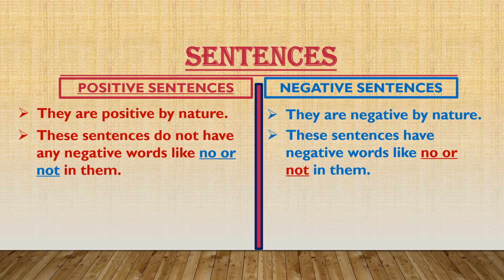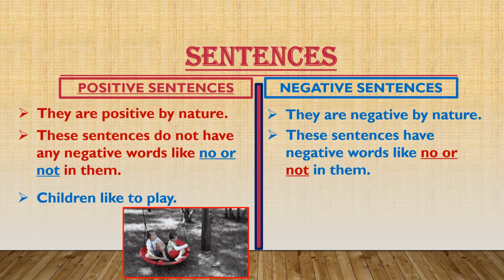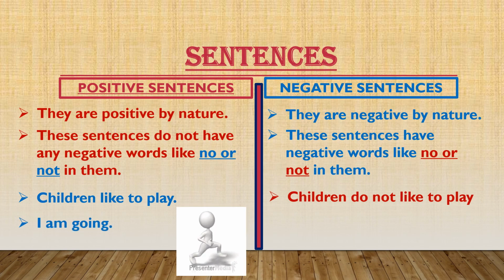Now let's take an example. Children like to play. Let us change it into negative. Children do not like to play. Observe carefully here. The word not has been added here to make it negative. Let's take another example. I am going. That's a positive sentence.